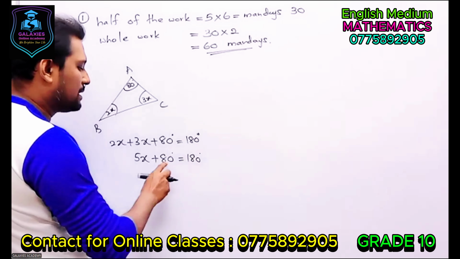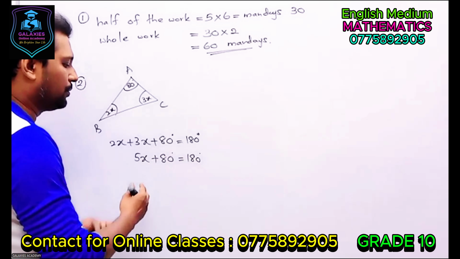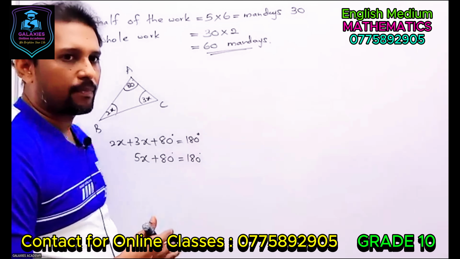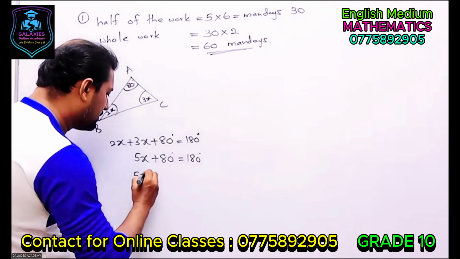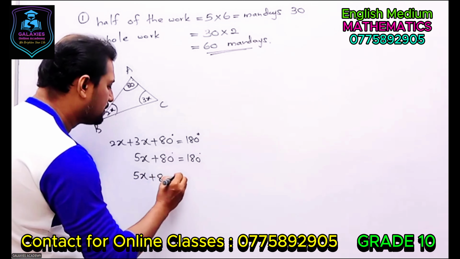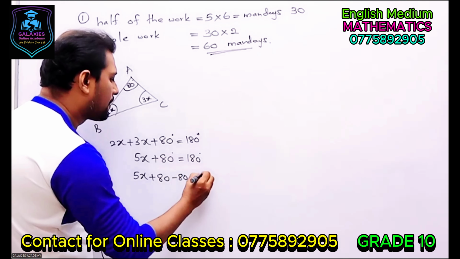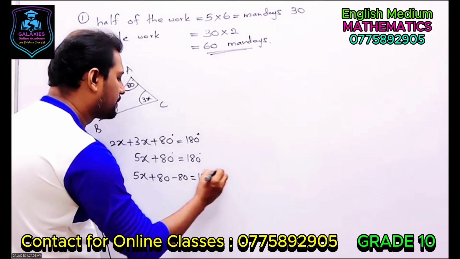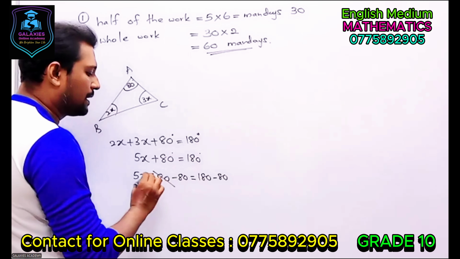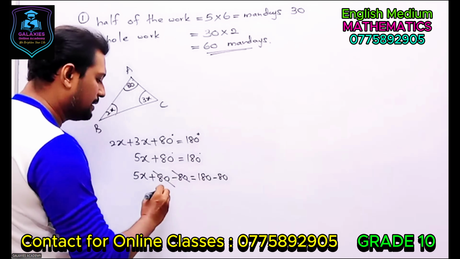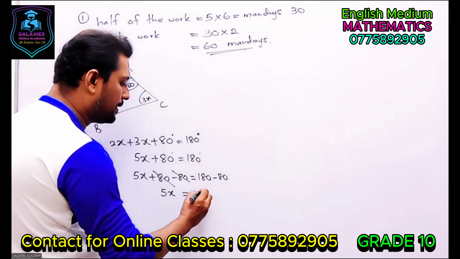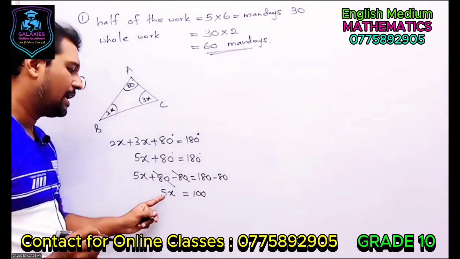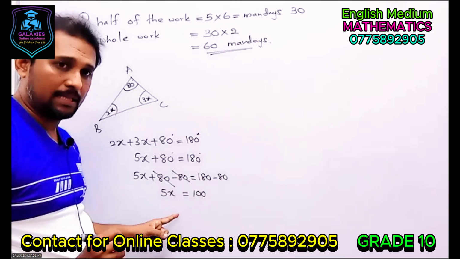Then to remove this plus 80, what we have to do? Both sides you have to put minus 80. Then this plus 80 and minus 80 cancel. So 5x equal 100.